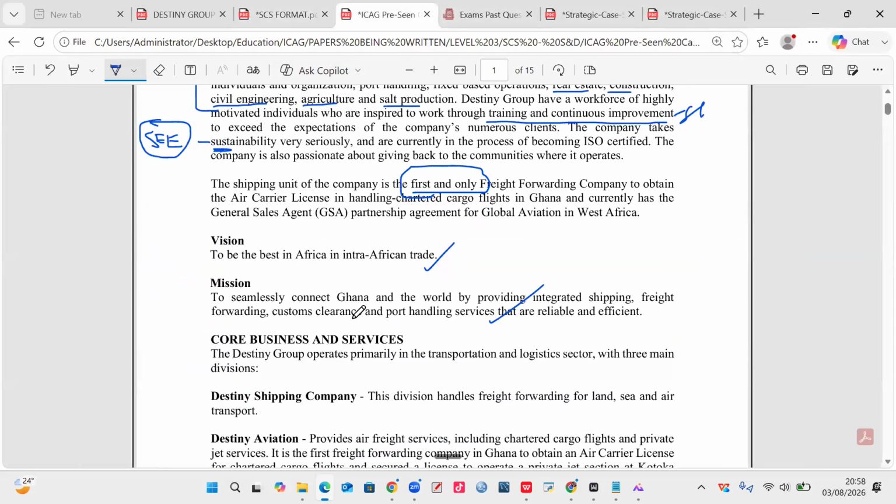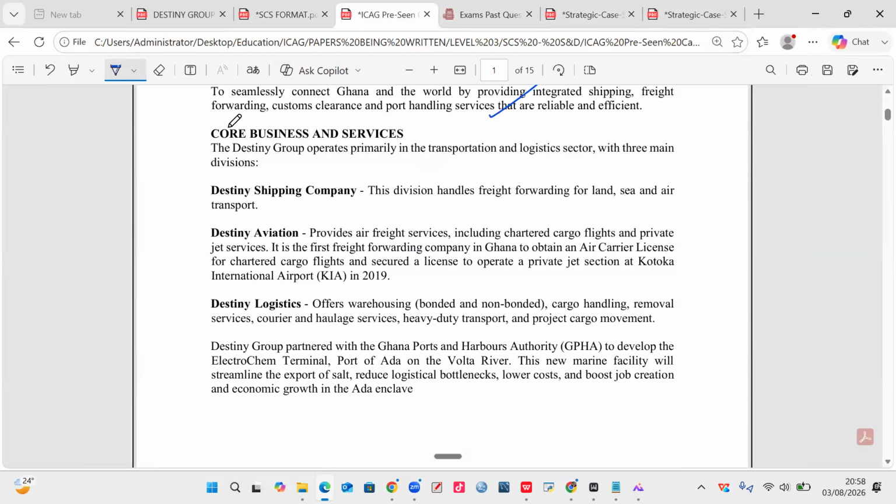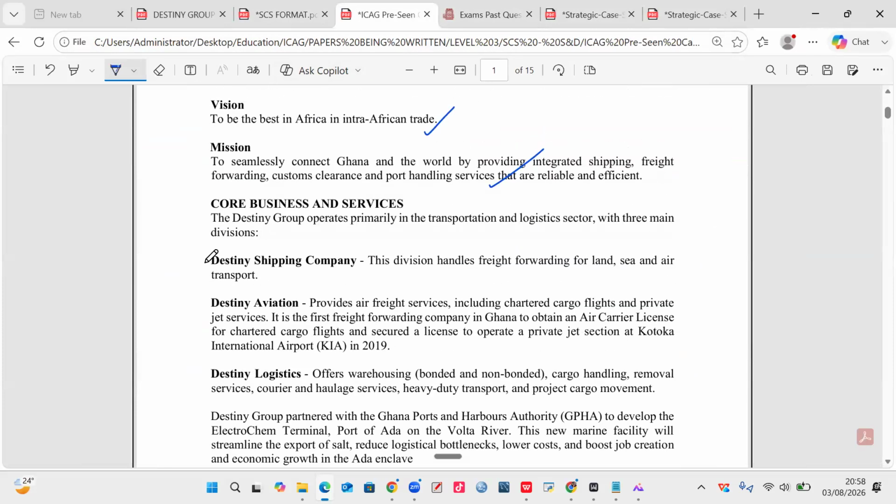Let me give another example. See, this core business and services. It has Destiny Shipping. It has Destiny Aviation. It has Destiny Logistics. So here, what corporate strategy comes to my mind is an SBU. These are SBUs, strategic business units, because it has divisions.